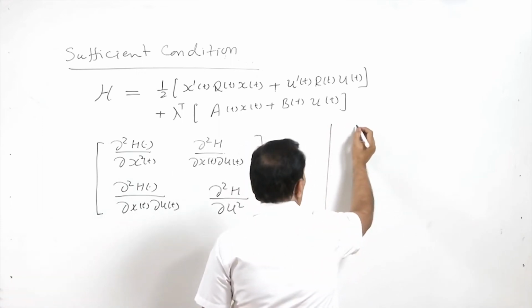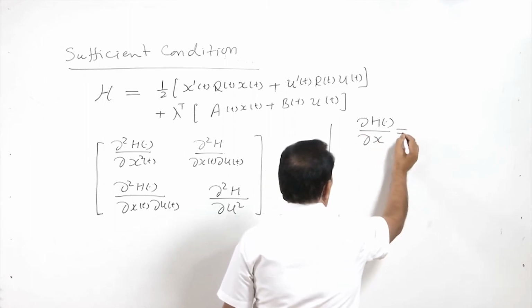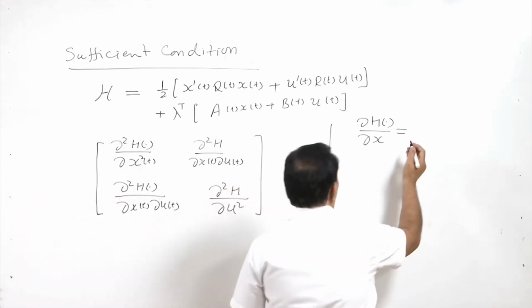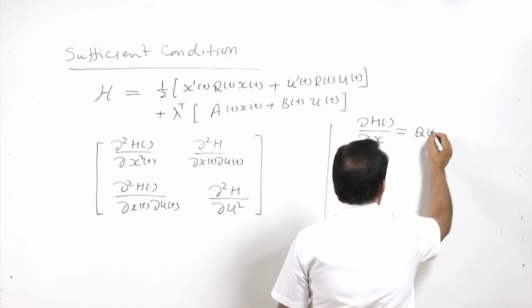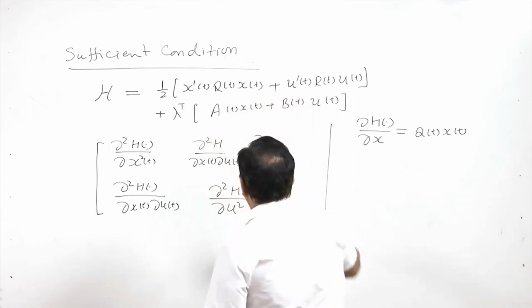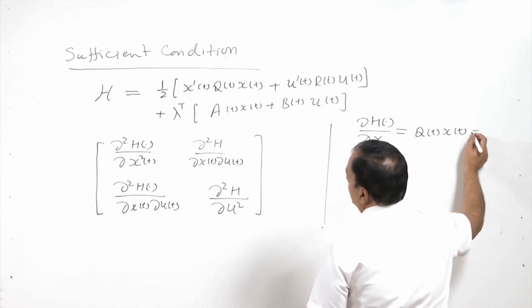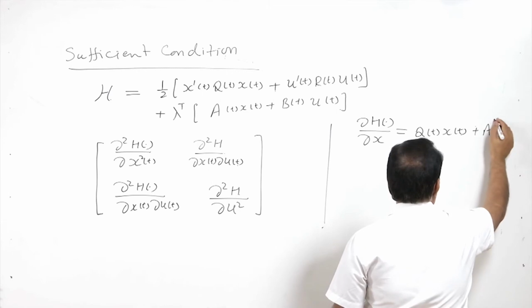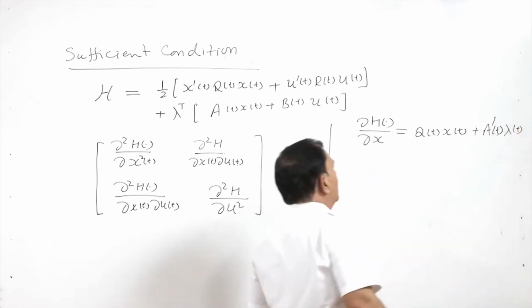Del H by del x is Q(t) x(t) plus A transpose lambda(t).